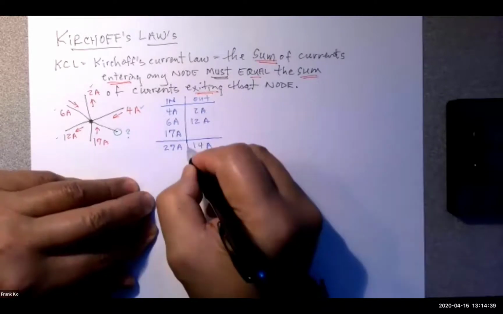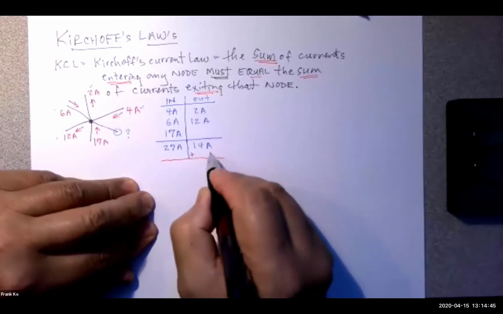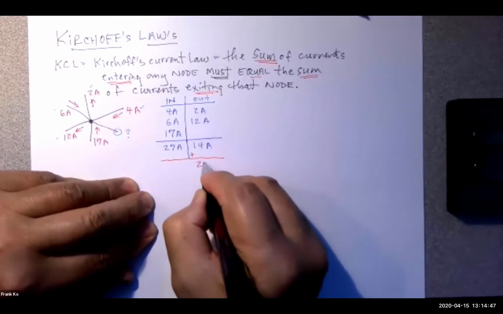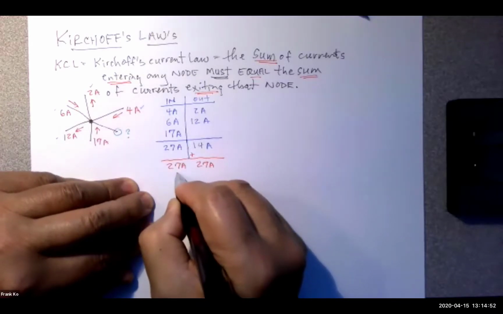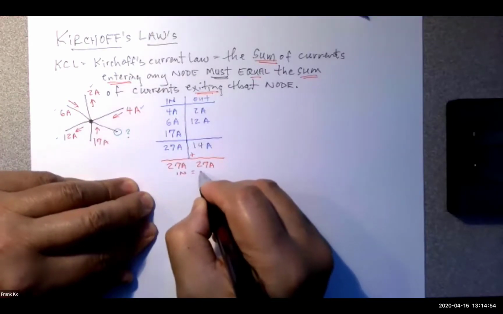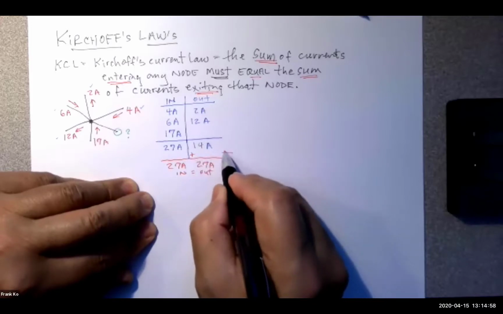So clearly there is something missing on this side that has to be added in here in order to get us to 27 amps, because we have to have 27 amps coming in to equal 27 amps coming out. So what is the missing amount that is here?